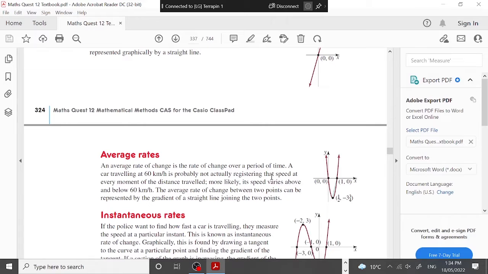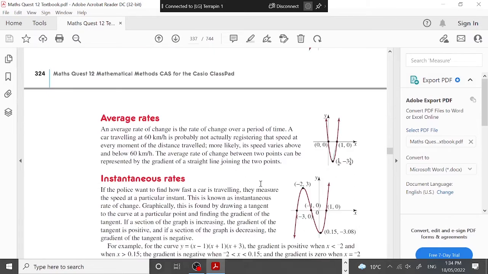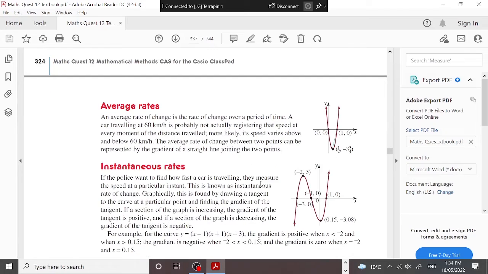But we know that at any particular instant in time, there is a specific rate at which I'm moving. So we know in real time, when we're driving a car, that we're going at a certain speed. That's an instantaneous speed or an instantaneous rate. And so we can find instantaneous rates of a curve like that cubic that's there.